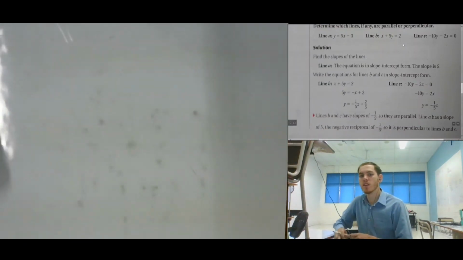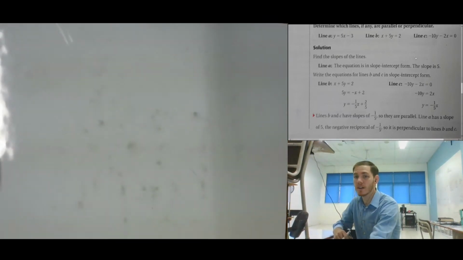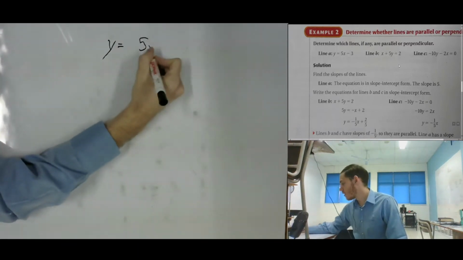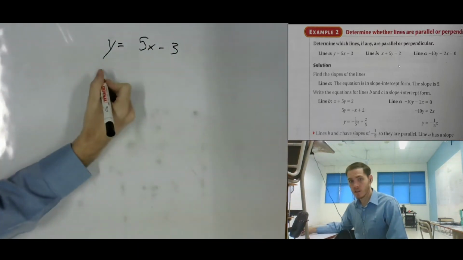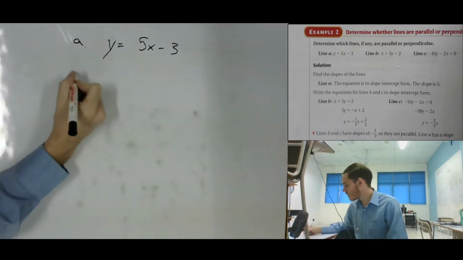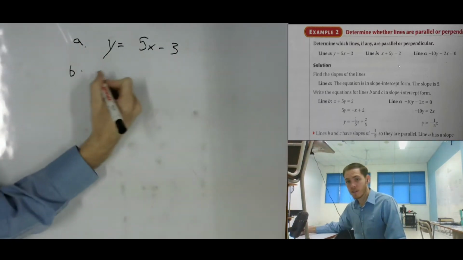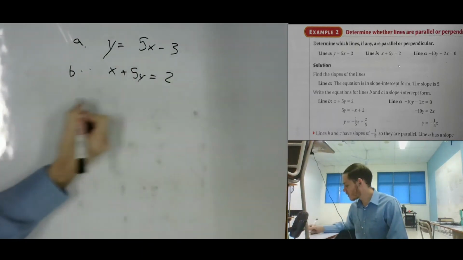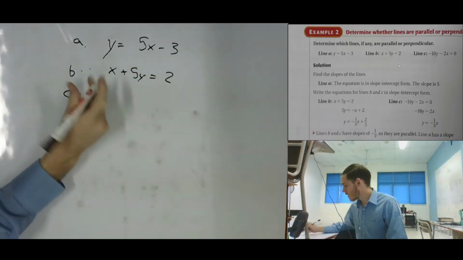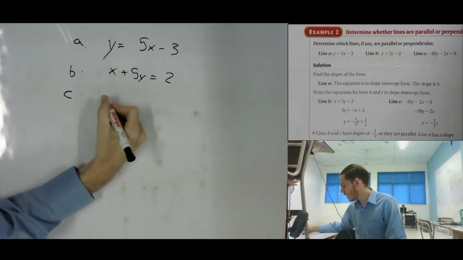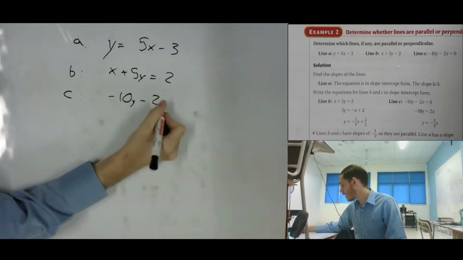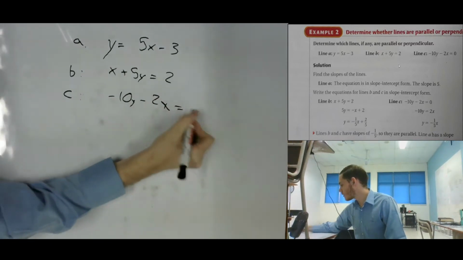Let's determine whether the lines are parallel, having the same slope, or perpendicular, negative reciprocal. This is A, then B is x plus 5y equals 2, and C is negative 10y minus 2x equals 0.